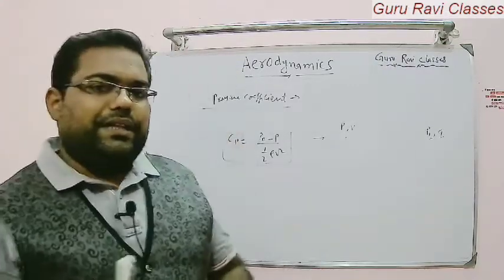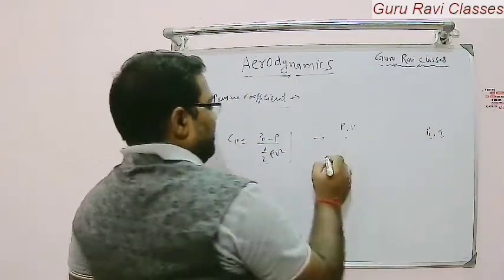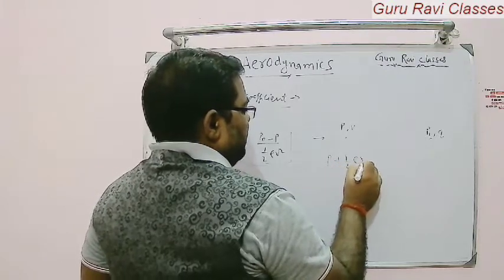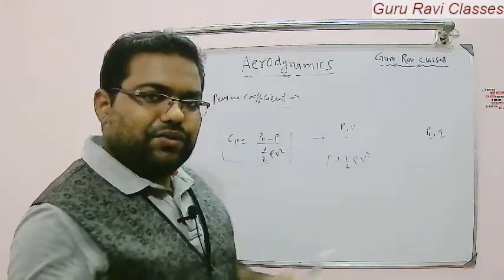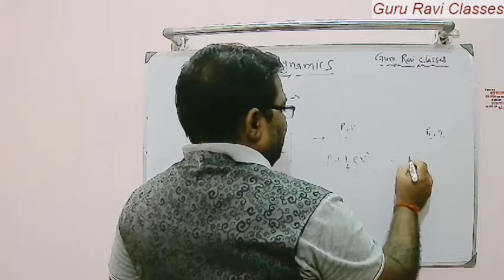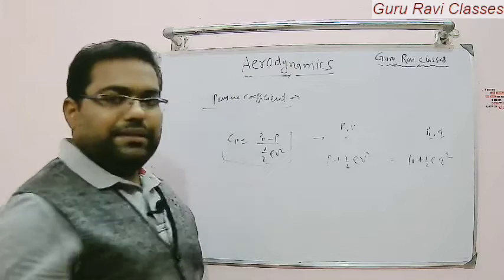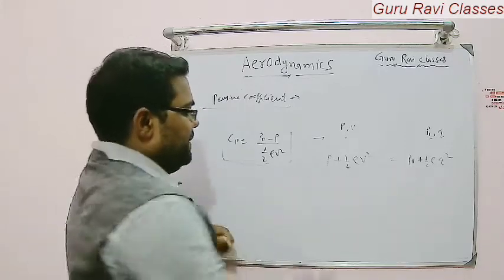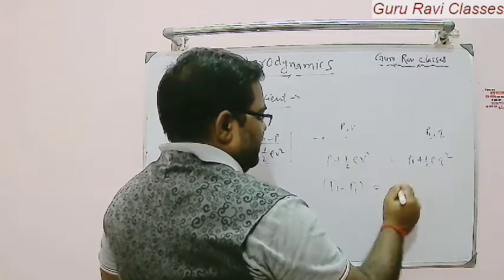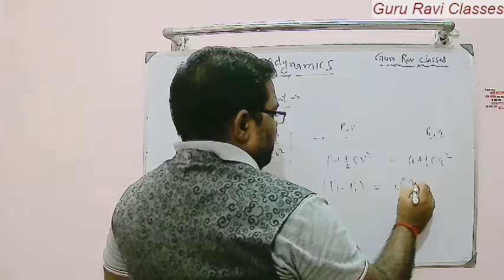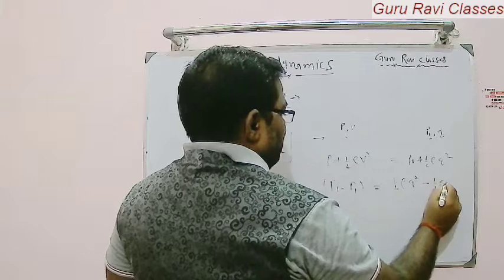We are going to apply Bernoulli's equation between the point here and the point here. I can write the equation very simply: P plus half rho V square, and assume that this is a flow domain in which density is constant, it is not going to vary in an incompressible flow domain. So equals P1 plus half rho Q square. From here I can take P minus P1, and move this term to the other side, so it becomes half rho Q square minus half rho V square.